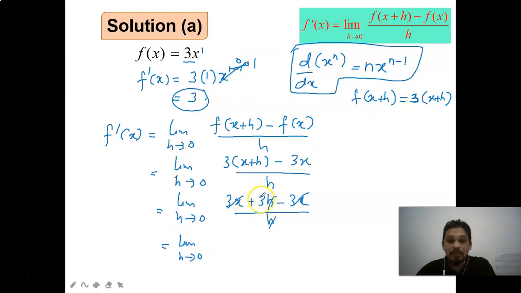What's left here now? 3. Do you find any h? No. So h approaching 0, there's no h left here, so it is equal to 3. Is it equal to the final answer that I showed you just now? The earliest here, 3? Yes. So this is it.